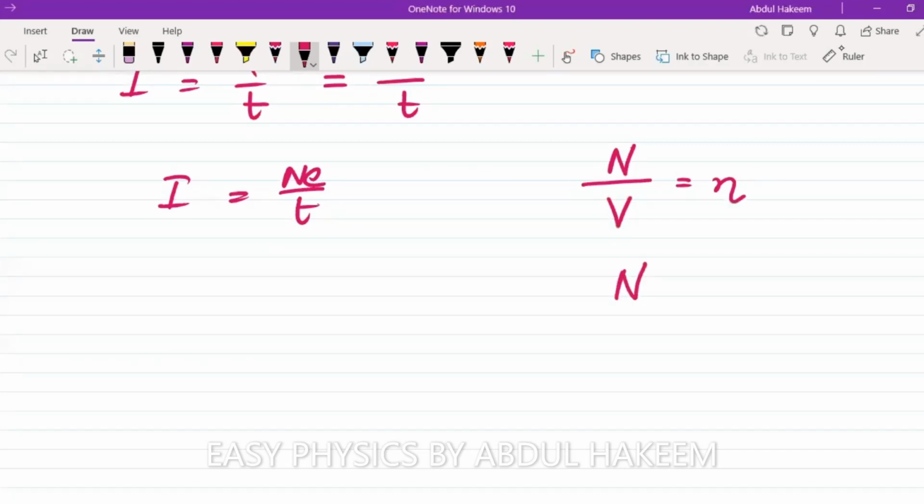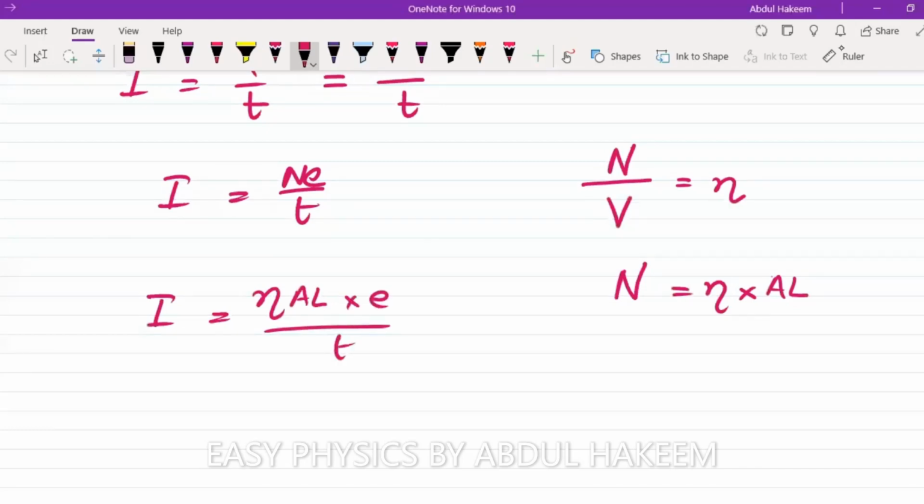So the number of electrons is number density multiplied by volume, and the volume is area into length of the wire. So when N is replaced with number density times AL, multiplied by e divided by T, this L divided by T is distance divided by time, which is speed. So the other formula for the current will be number density times A times e times speed.